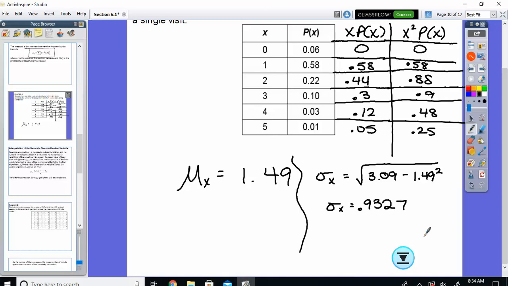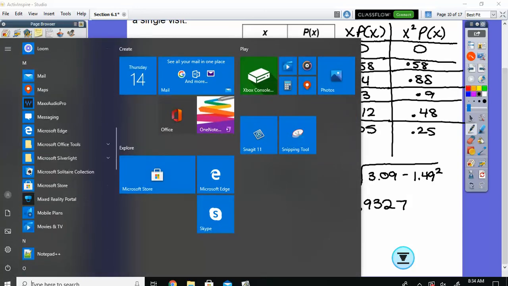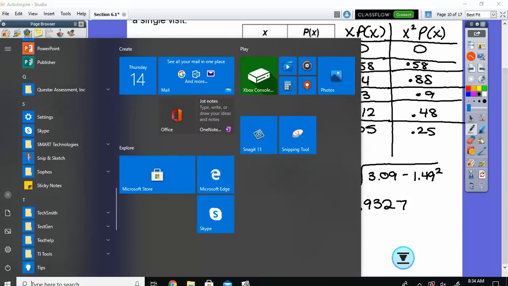Last, I'd like to show you how to do this on the calculator, just like all of our other standard deviation calculations. I like for you to understand how to do it by hand, but if we're going to be doing a lot of these, it makes more sense to use our resources, okay? So I need you to grab a calculator if you don't have one.